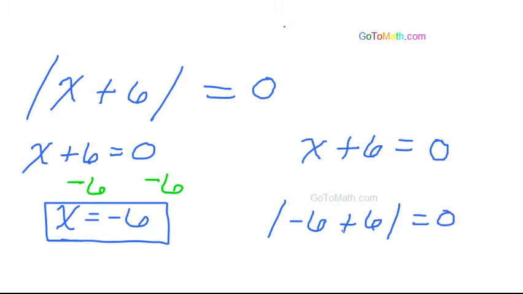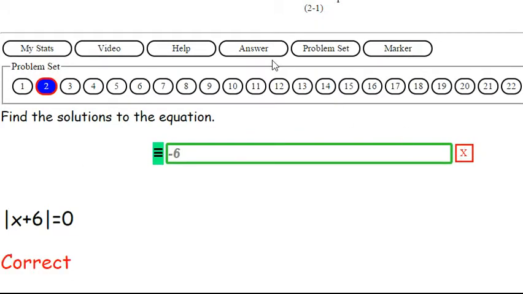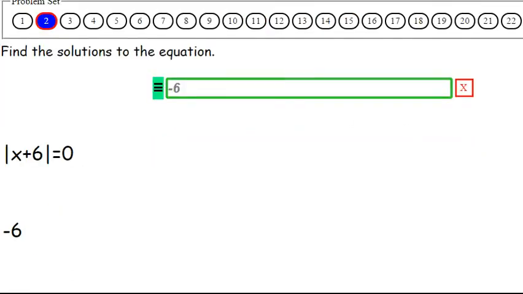Obviously negative 6 plus 6 is 0, and the absolute value of 0 is just 0. Alright, so there you go. Negative 6, that's what we got to remember. Let's type that in and make sure that's going to work. Correct. Answer is correct.